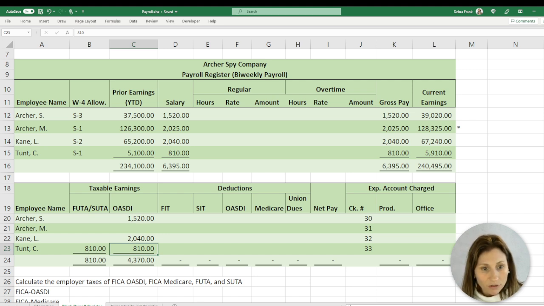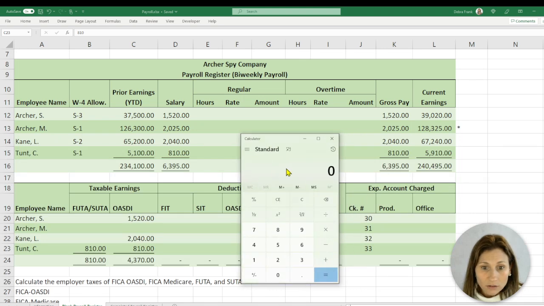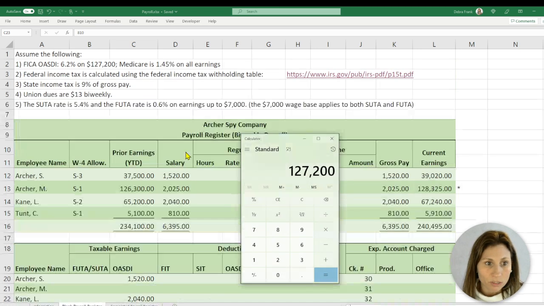But now I need to figure out, okay, well, not all of it, right? They're at 126,300 right now, and we only are going to tax up to 127,200. As a reminder, let's scroll up again so you can see. There you go. All right, so minus what we've already had taxed up to, which was the prior earnings. And so now we see that there's 900 left.